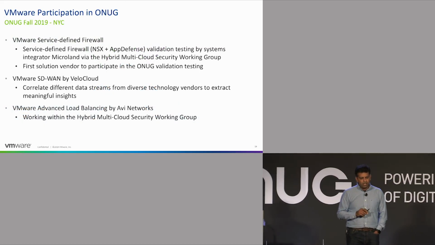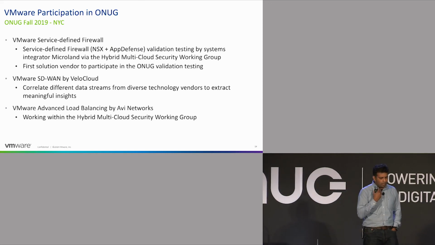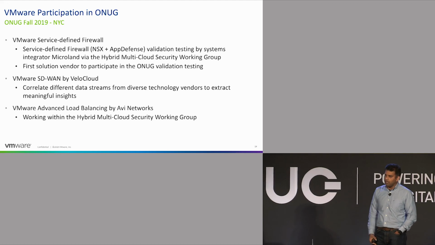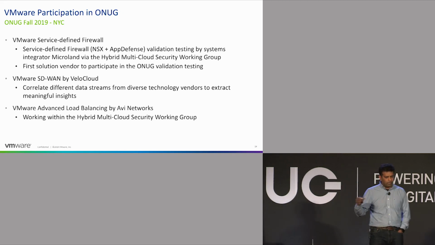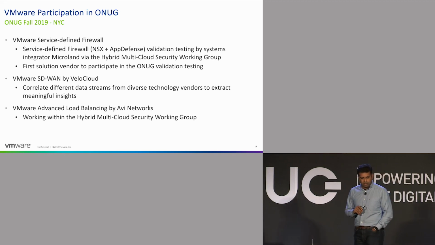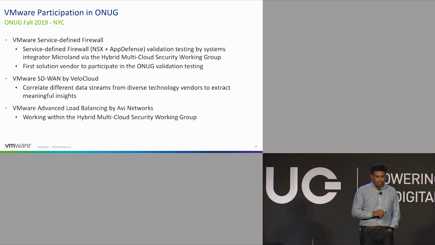In terms of VMware participation at ONUG itself, we obviously have multiple business units focusing on different workshops and working with different groups. On the VMware service-defined firewall side, I think we were the first security solution vendor to get validated. On the VeloCloud side, I'm going to cover it in the next slide.